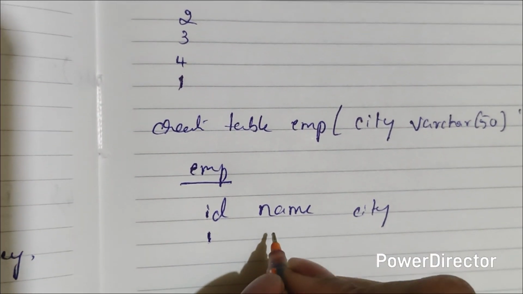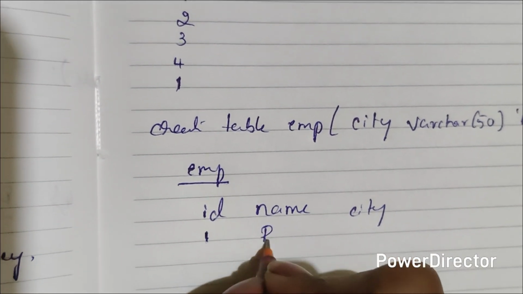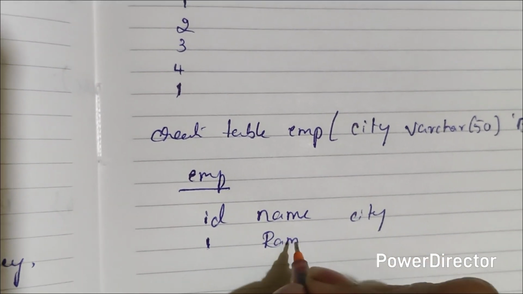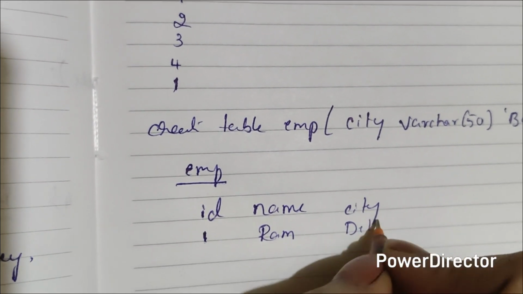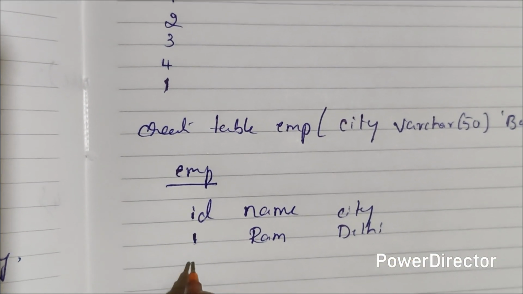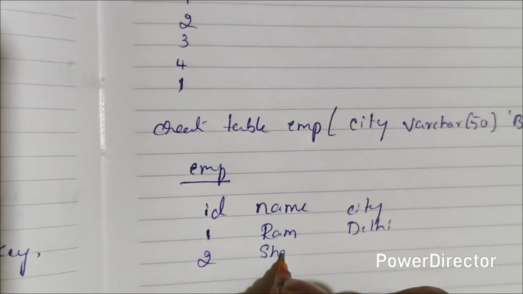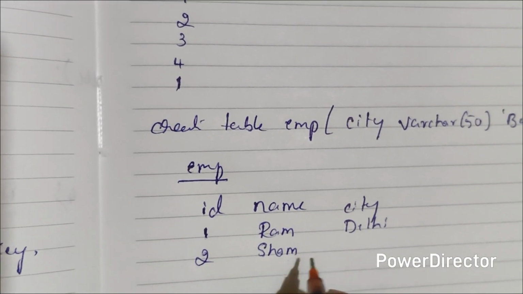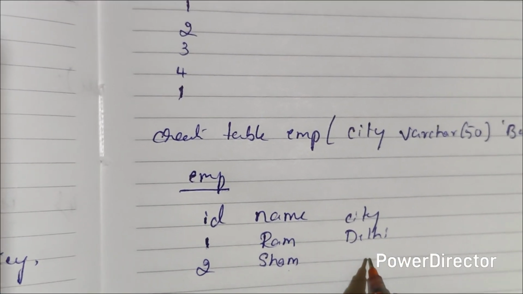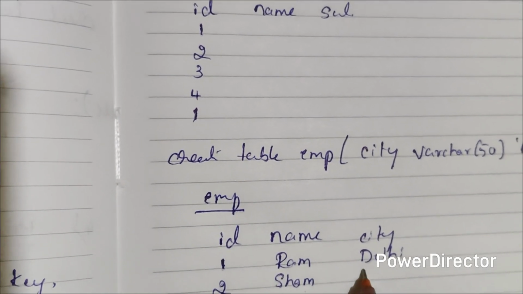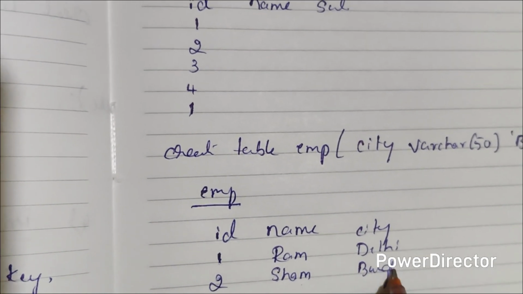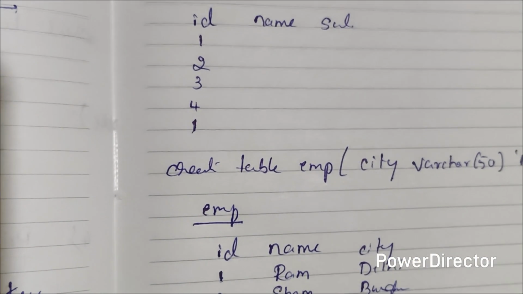Somewhere you are entering the values like this. ID is 1, Ram, and city is Delhi. Okay. So second, you are entering the value like ID is 2, whose name is Sham. You are not entering any value to this particular column. Then by default, it will be going to take the value Bangalore.